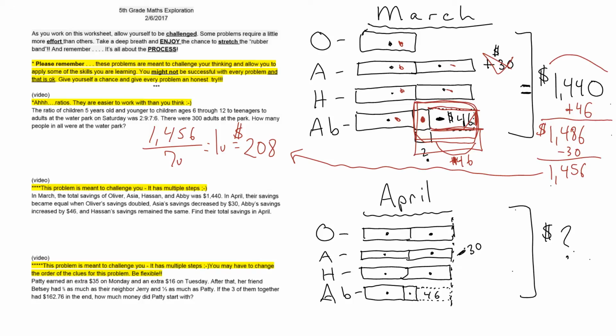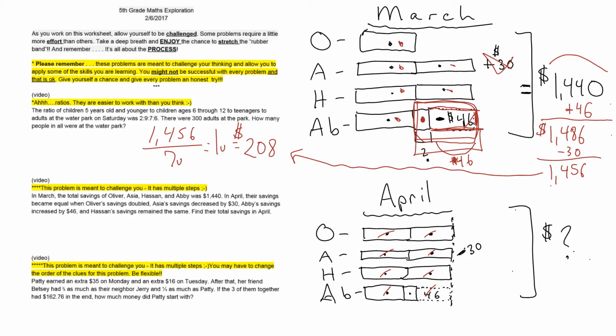Now, the nice thing is we can now take this information down to the April model and apply it. We know that everybody has 2 units. Oliver has 2 units. Asia has 2 units after she lost the 30. And we know that Hassan has 2 units. And we know that Abby even has 2 units after she gained the 46.